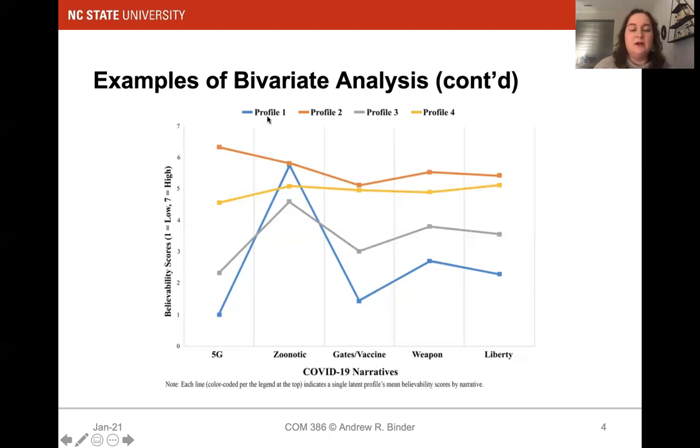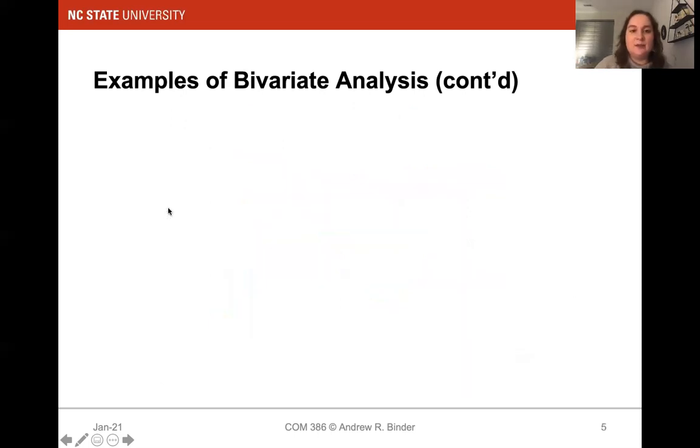To explain what these profiles mean, they came about when conducting this study and correspond to different belief profiles that came out of asking people about the believability of these COVID-19 narratives. Really interesting, check it out if you want. This is another example of a bivariate analysis because we're looking at narratives involving conspiracy theories and believability scores related to them.